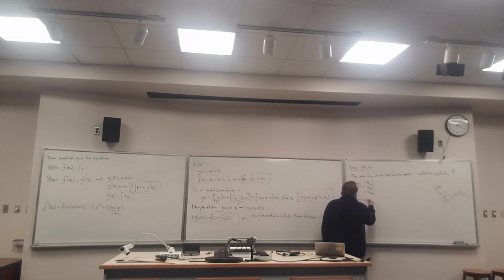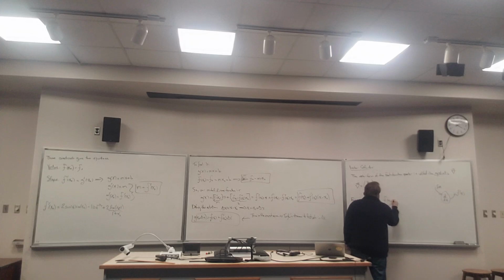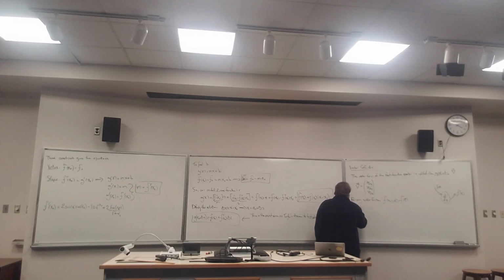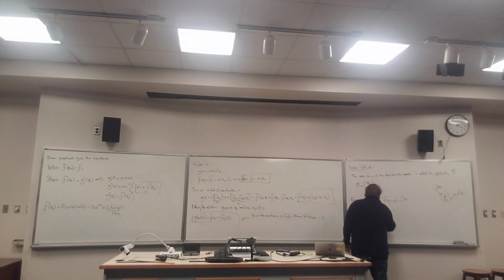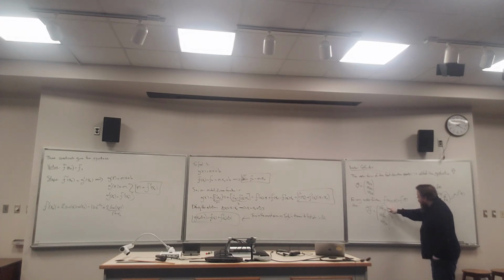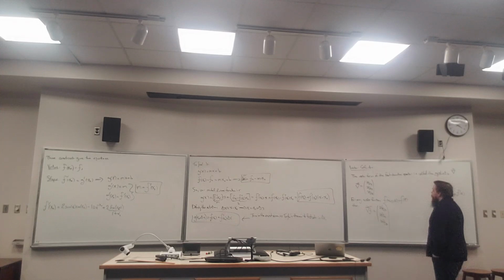For any scalar function f of x, y, and z, which we also often write as f of vector x, the gradient of f is a vector. f starts out as a scalar, but because the operator has vector structure, when you take the gradient of a function it goes from being a scalar function to being a vector. The x component is the x partial derivative of f, the y component is the y partial derivative, and the z component is, of course, the z partial derivative.